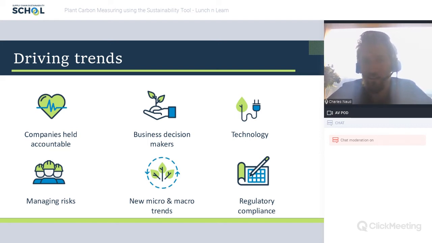Managing risks again is why reporting is important. That's around staying ahead of the curve and making sure that you've got the data and you're fully informed to ensure business continuity, both internally and throughout your supply chain. We're also seeing that more and more organizations on contracts or on projects are being incentivized to report their information and demonstrate concrete improvements on their sustainability commitments.